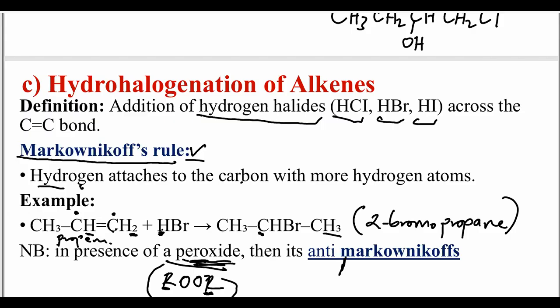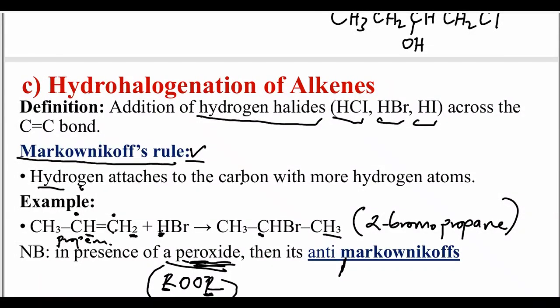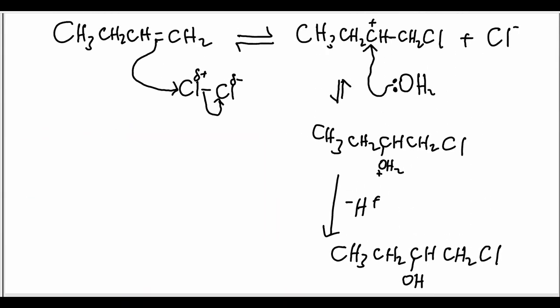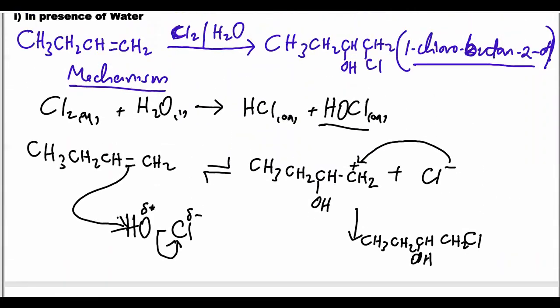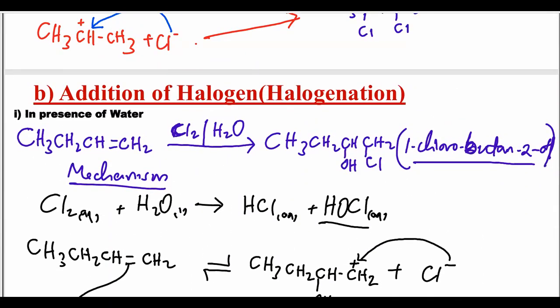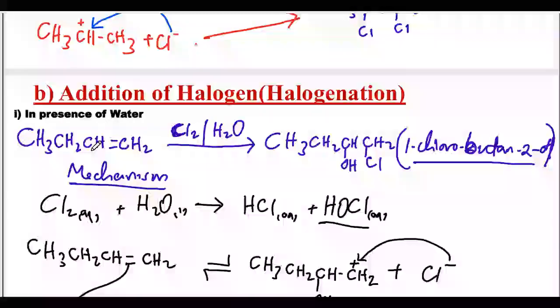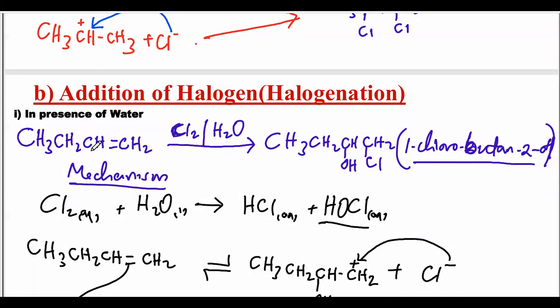If we're adding chlorine to this compound, the one which has more, we give it first. The one which has less comes later. So that we don't always confuse ourselves about whether I have applied Markovnikov's or not, that's why I told someone who asked that let us have that one.